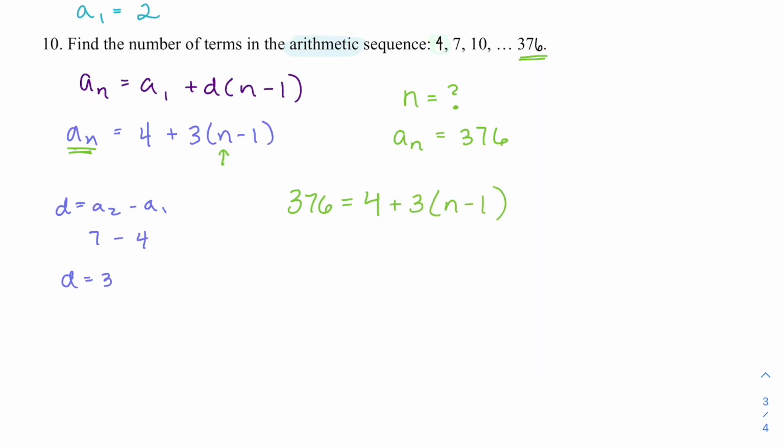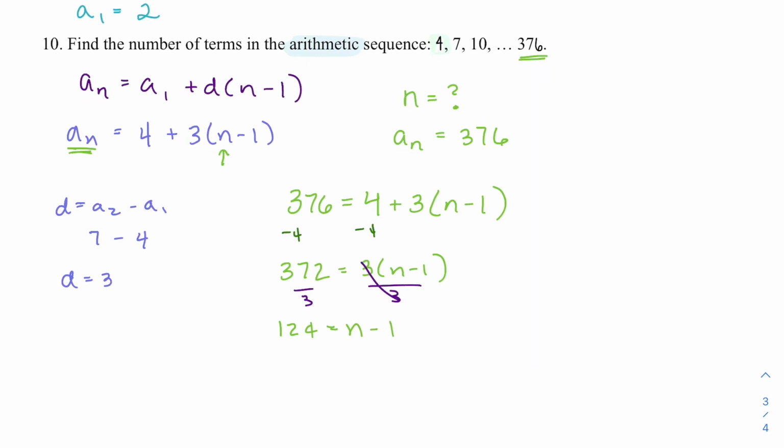I will subtract 4 from both sides. That gives me 372 equals 3 times n minus 1. Then I will divide both sides by 3, so that cancels here, and we get 124 equals n minus 1.